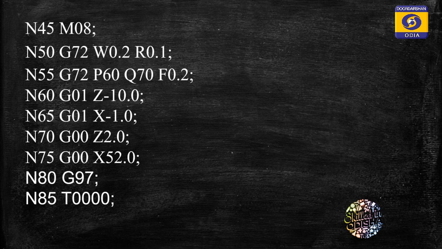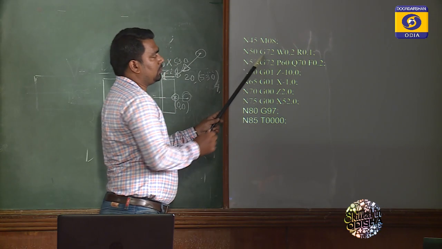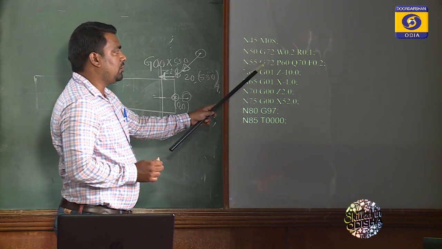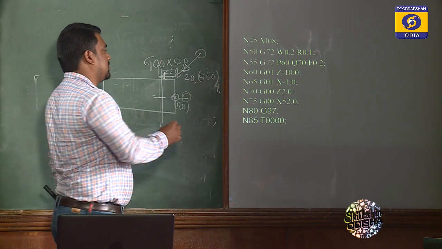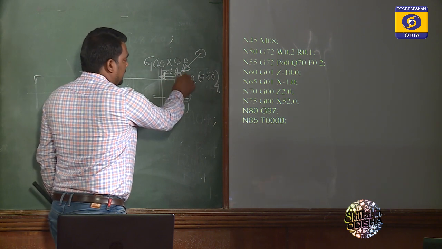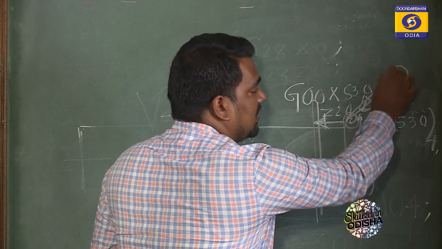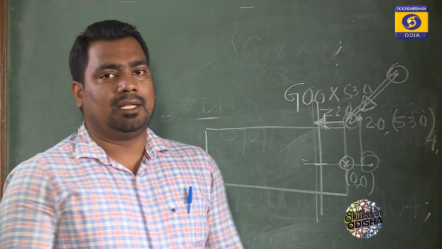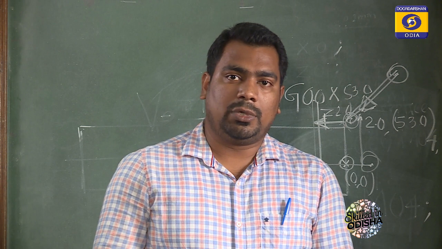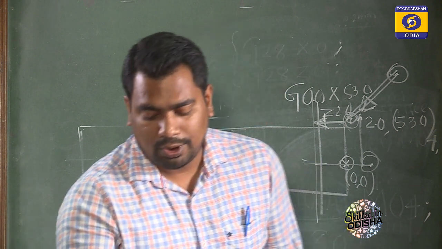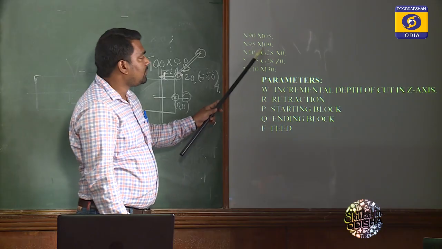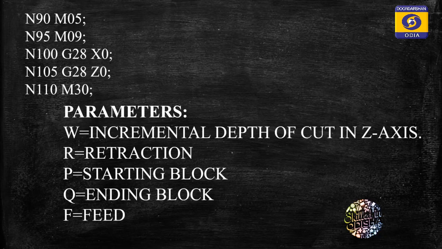Then, whatever we did before the G72 facing operation command, we have to repeat all those points. It should move to the zero point, then home, and we have to cancel the tool station number and offset number, and also give the homing command at last. Lastly, we have to give M30, which means end of the program and rewind.